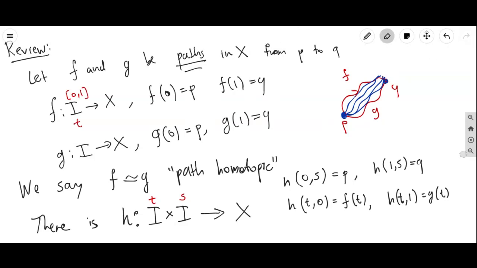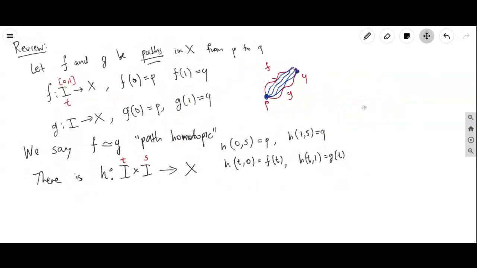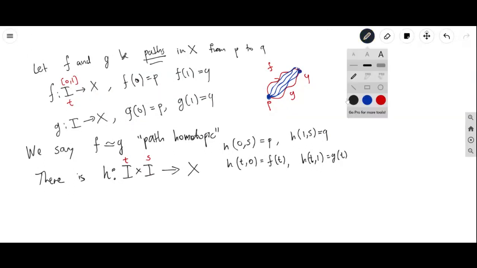So now we're going to slightly change things. So this is going to be slightly different. Now, a path is a continuous function from one space to another space. So let's now introduce this new definition. So definition.